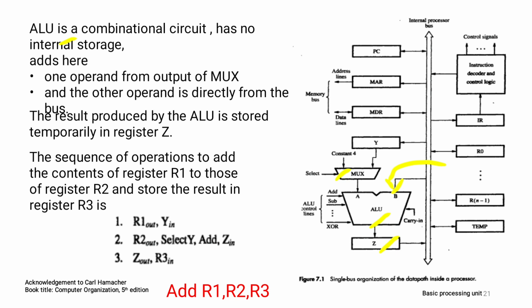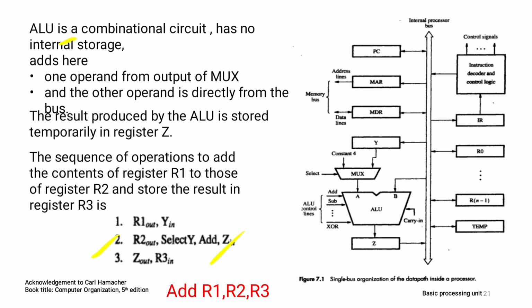R3 is the destination. Hence add R1, R2, R3 adds the content of register R1 and R2 and keeps the result in R3. For this, the needed sequence of operations are given here. They are in the form of control signals.